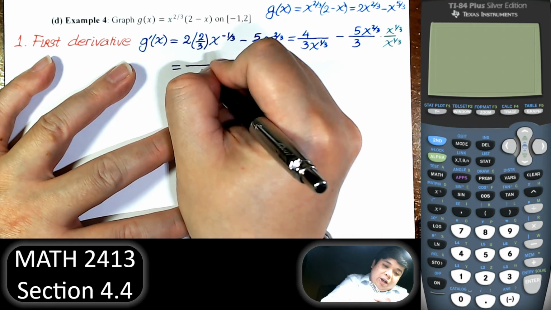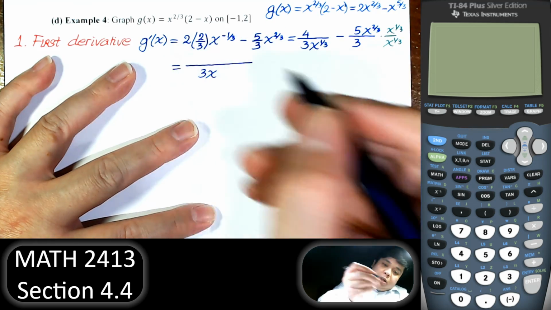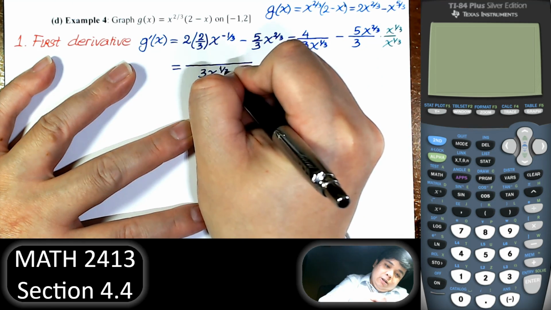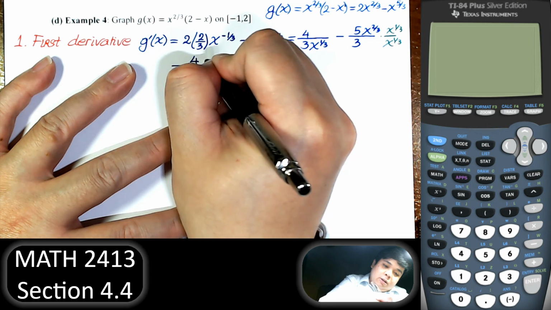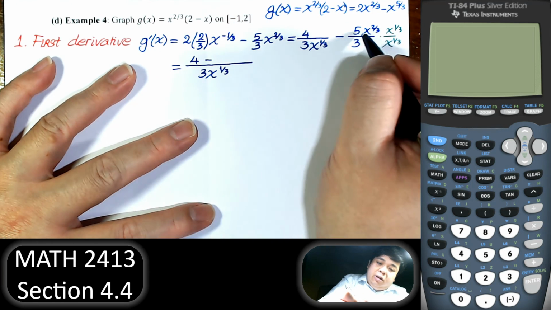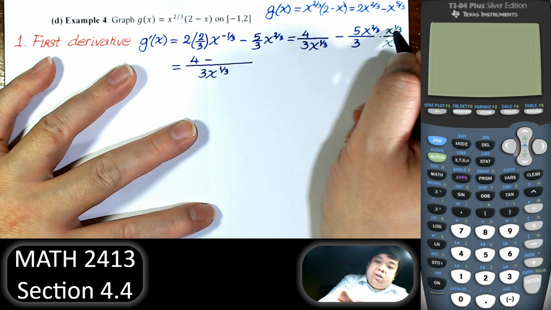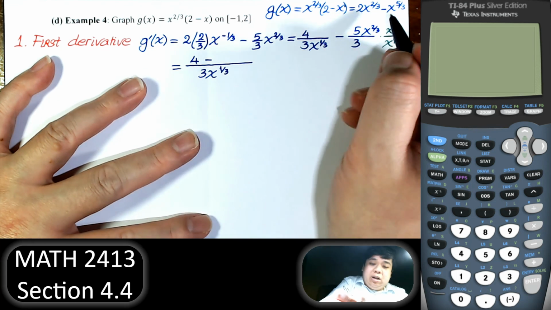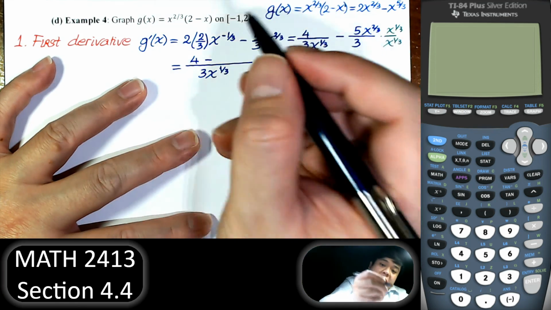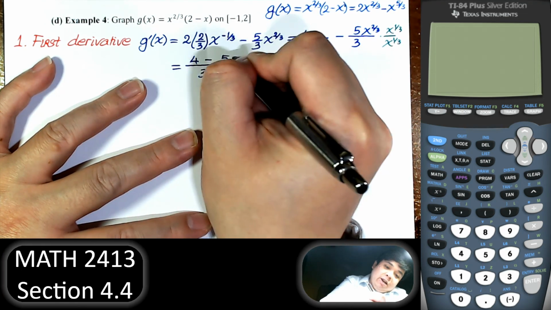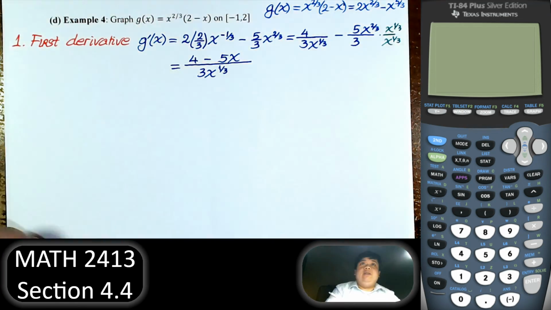The bottom common denominator is 3x to the 1/3. And the top we have 4 minus 5 times x to 2/3 times x to 1/3. Combined, the same base, we combine the exponents 1/3 and 2/3, so that's just 1, or just 5x. So that is the derivative.